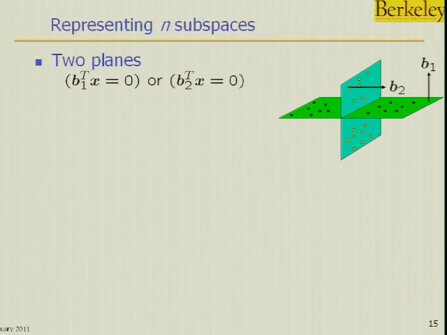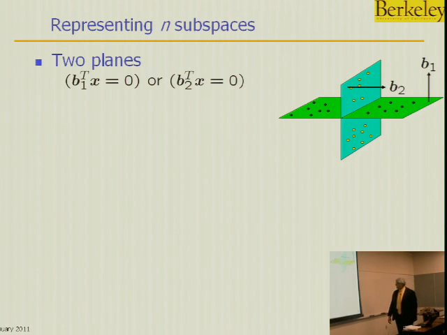So if you're given data that lives on either this plane or that plane, the yellow and black dots, if it were to lie on this light green subspace or the steel colored space, that would correspond to B2 transpose X equals 0.